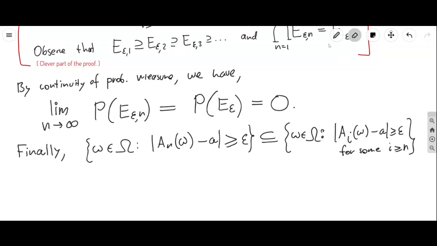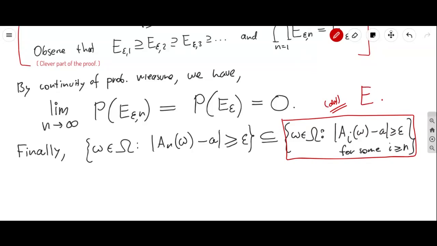And what is this? By definition, this is the way we defined it. This is the event E epsilon n.